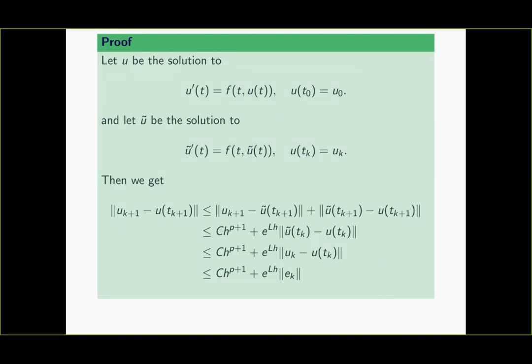So we can bound this from above by assumption by c times h to the p plus 1. And on the other hand, the last term, the difference of u tilde and u at time tk plus 1, can be bounded from above by our stability estimate. u and u tilde satisfy the same differential equation, only the initial values at time tk are different. So I can bound this from above by the exponential of L times h times the Euclidean norm of u tilde at tk minus u at tk.